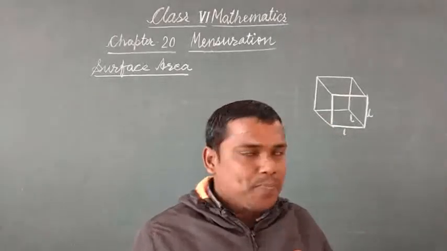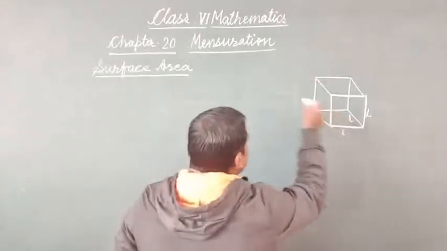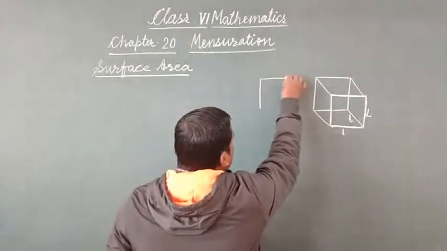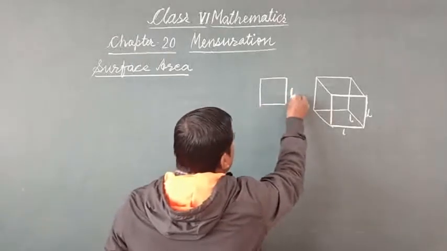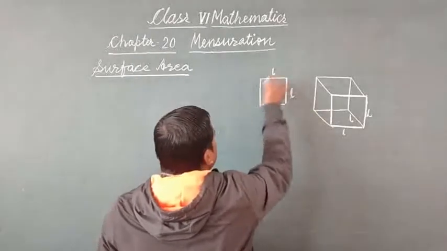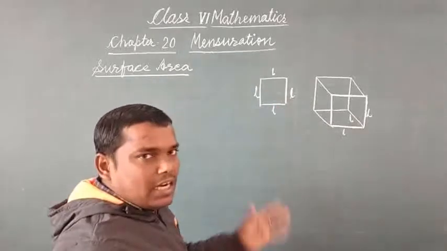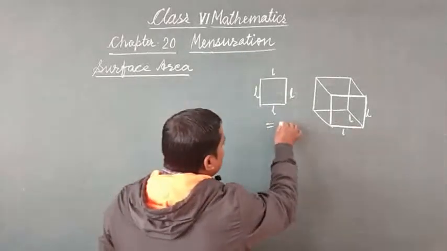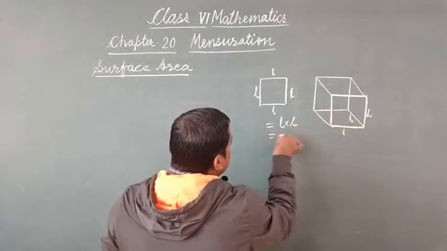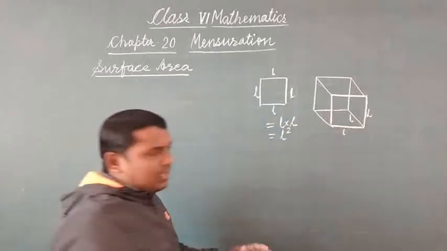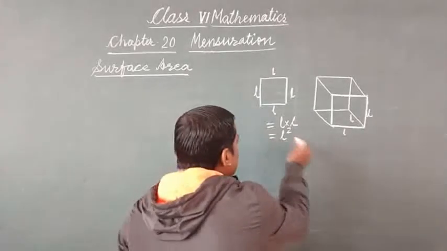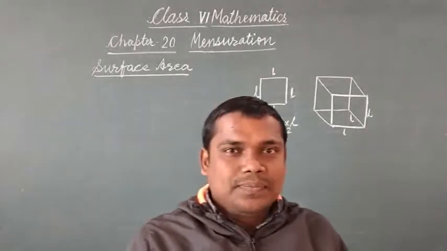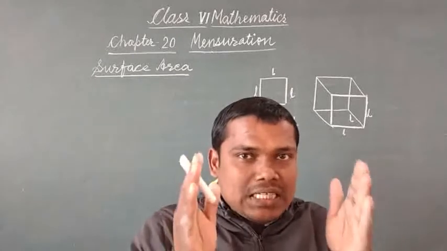Is it clear? Means if we consider one surface here, it is a square, because this and this are the same. So you know the area of a square is length into length, that is L square, or as you have learned, side square. And in case of a cube we have 6 identical surfaces.